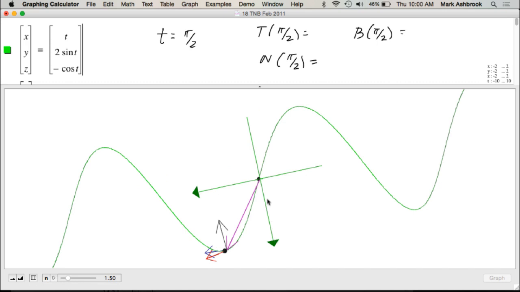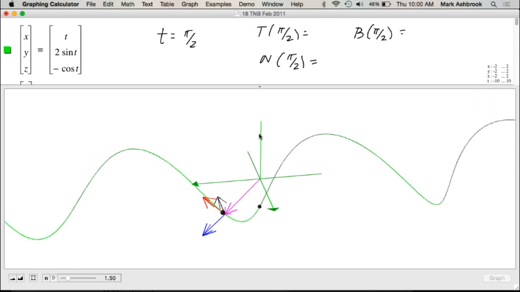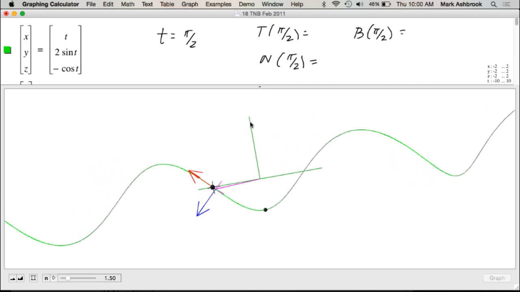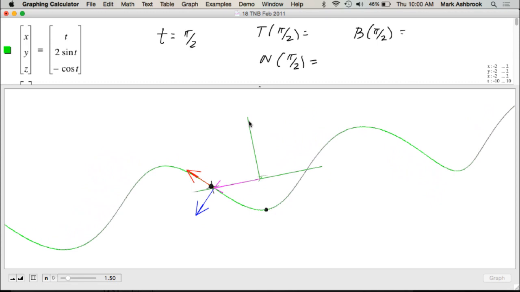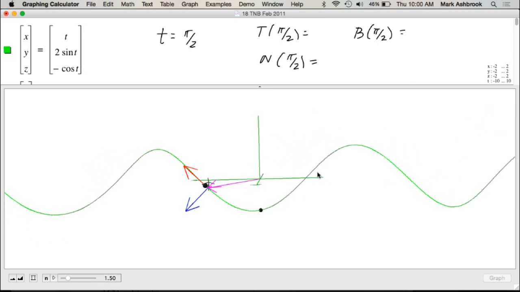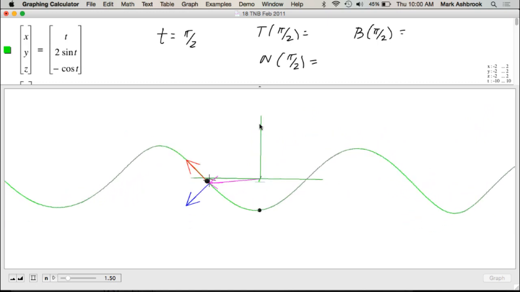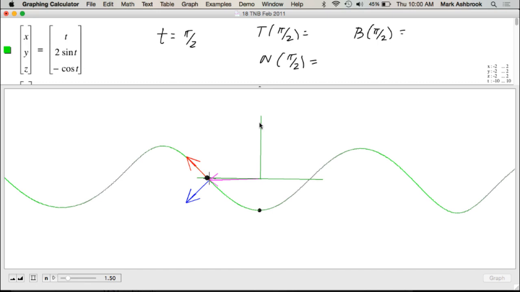Positive X, positive Y. All right, and then here's looking at it this way. Looking at the XZ plane. I'll leave it there. This is positive Z here. Positive X this way. Positive Y coming out at you.